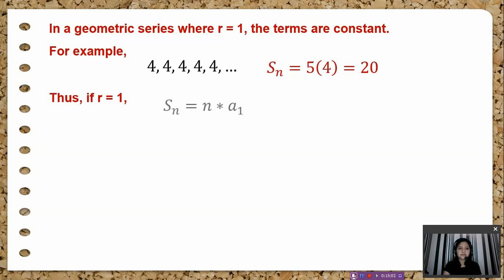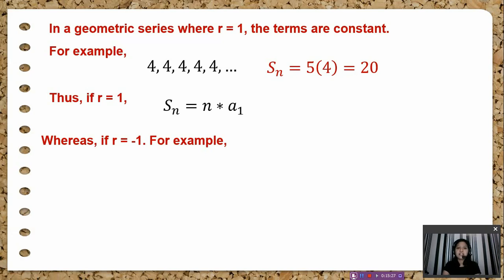Therefore, if r is equal to 1, we can get the sum by multiplying the number of terms to the first term. So our formula would be S sub n is equal to n times a sub 1, where n is the number of terms and a sub 1 is the first term.